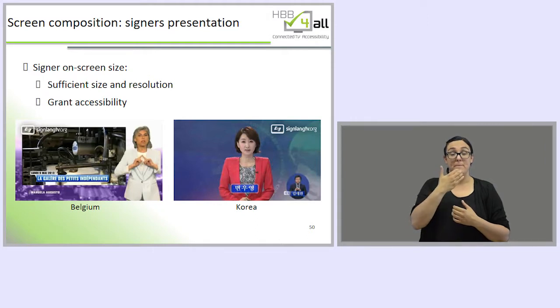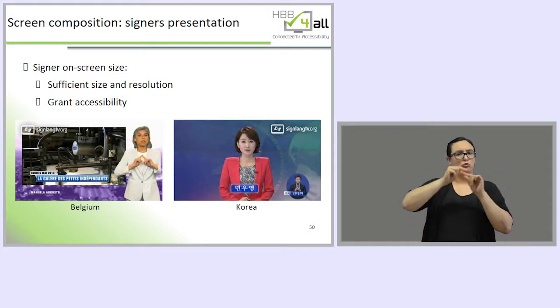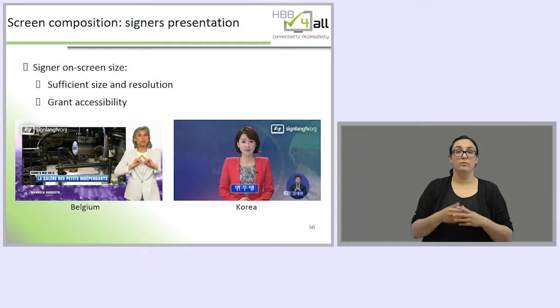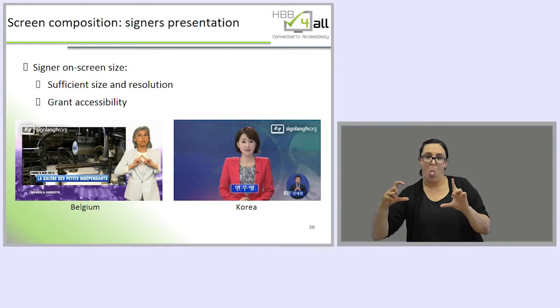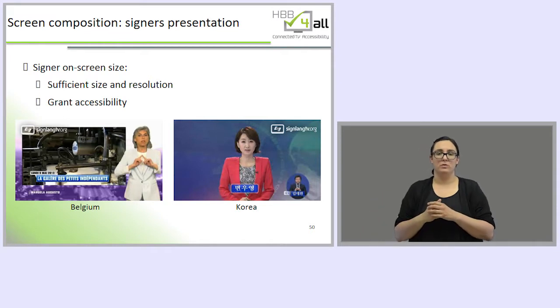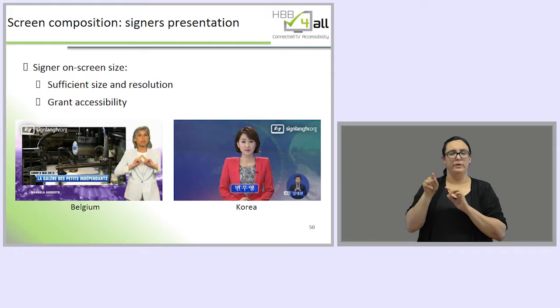We have a chroma key inserted interpreter in Belgian television with a big size, a longer shot, and a prominent position on the screen. And to contrast, we have the Korean example with a fairly small interpreter on the bottom part of the screen, sharing this position with some of the digital on-screen graphics. As we will discuss later in this section, this could be regarded as a negative interaction between the interpreter or designer and the visuals on screen.